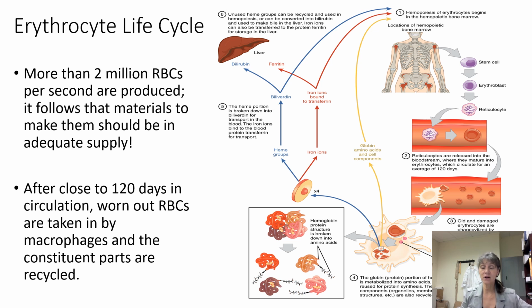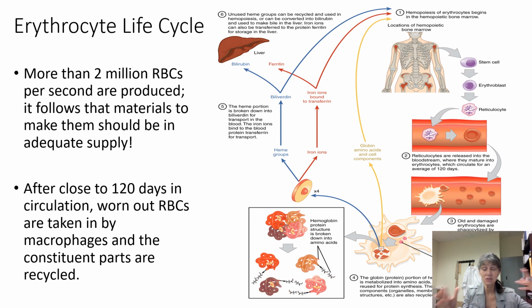And when that occurs, the globin, the protein portion of the hemoglobin, will be broken down into amino acids, and those amino acids can be sent back to the bone marrow to be used in the production of new erythrocytes.